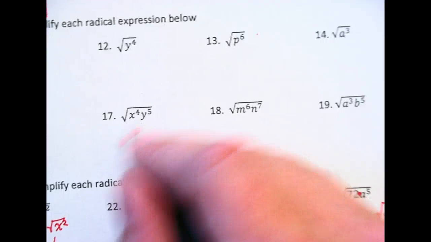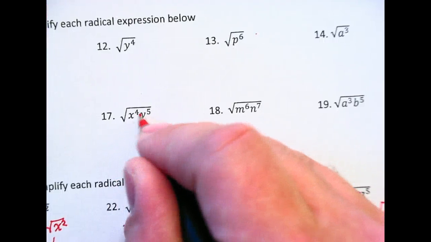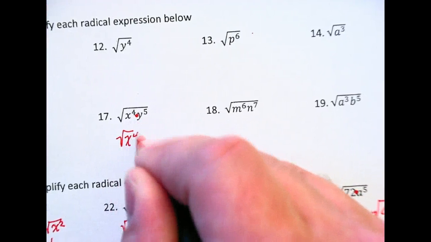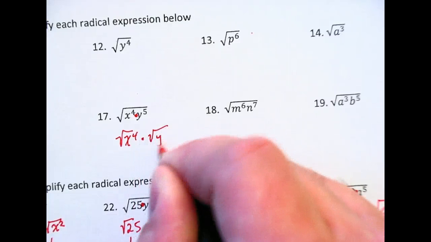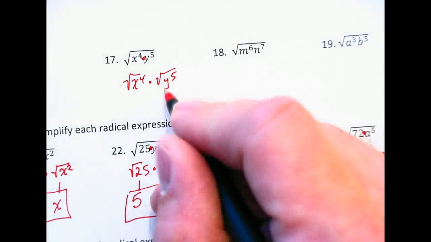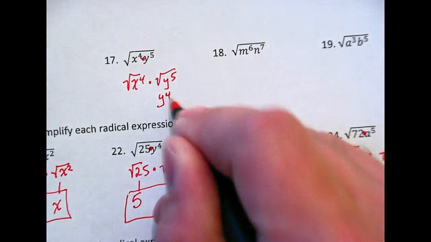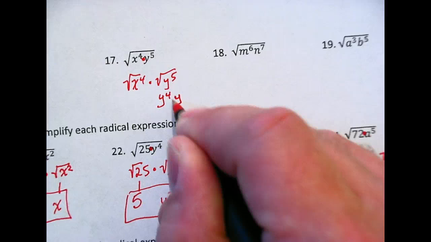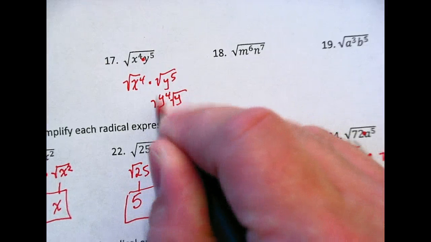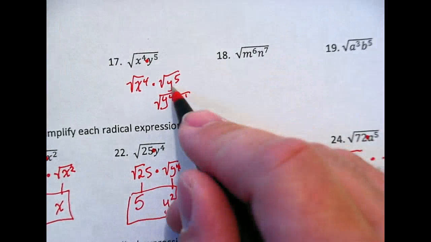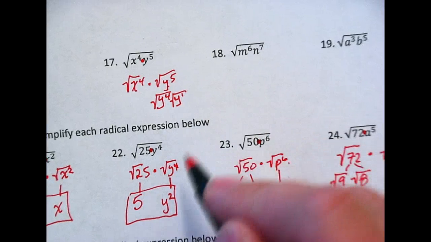Oh, right here? Yeah. So first, let's break it into this. X to the 4th and y to the 5th. Okay? And then you want to get to an even power. So we've got y to the 4th and y to the 1st. Okay, these break apart.